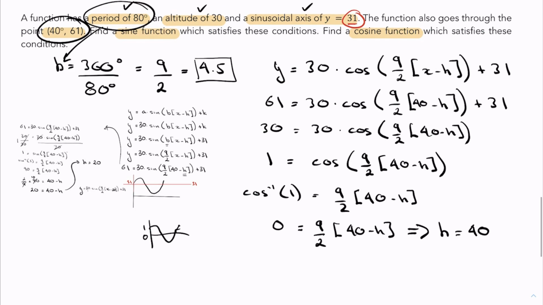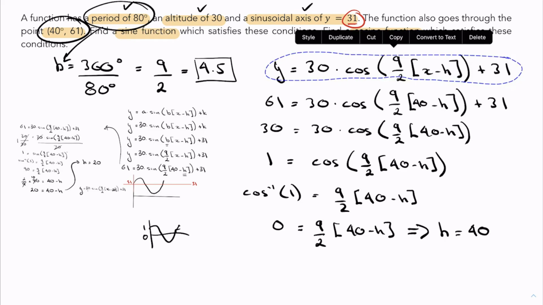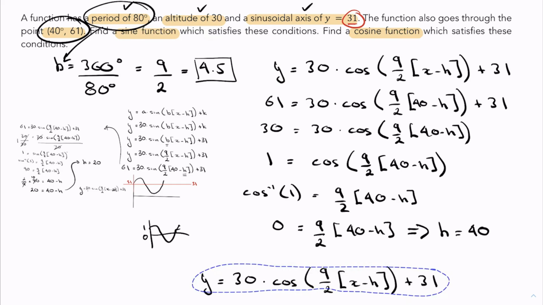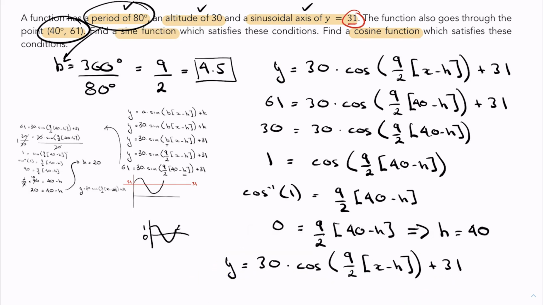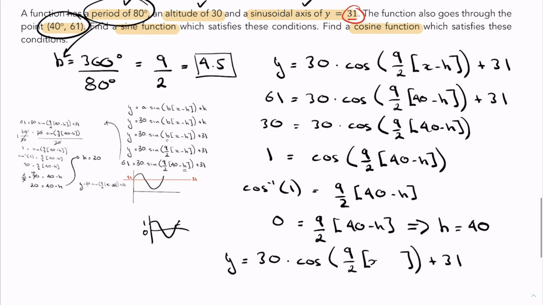And now for our final equation, which is all this. The only difference is that the h is replaced by 40. That's minus 40. Let me try that again. So I'm going to have x minus 40.